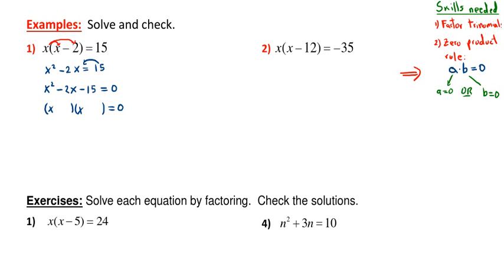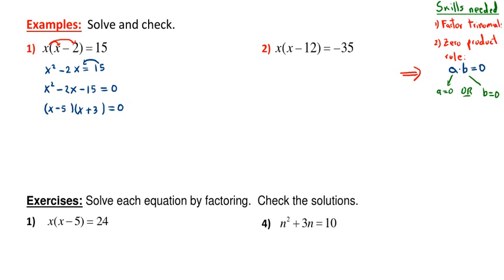Those two numbers must be -5 and +3, because if we multiply those two numbers, we get -15, and if we combine these two numbers, we get -2. So now we have a product, a multiplication of two quantities that is equal to 0.